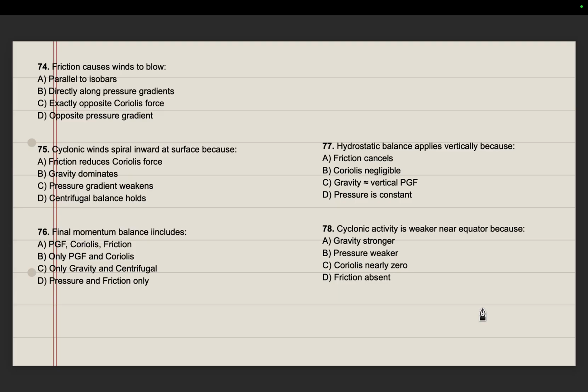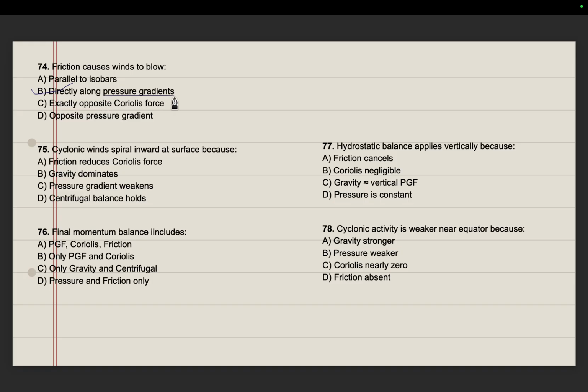Friction causes, opposite option C and D, but opposite to Coriolis force. I guess option B is correct, directly along the pressure gradient. But friction always acts in the opposite direction of movement, I guess.